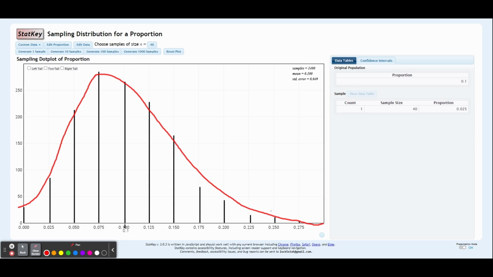So we have to ask ourselves, when will this sampling distribution be normal and when will it be skewed? Well, it turns out that if we look at the ratio of sample size and the population proportion, if this value of sample size times the proportion is at least 10, then we end up with something that's approximately normal.